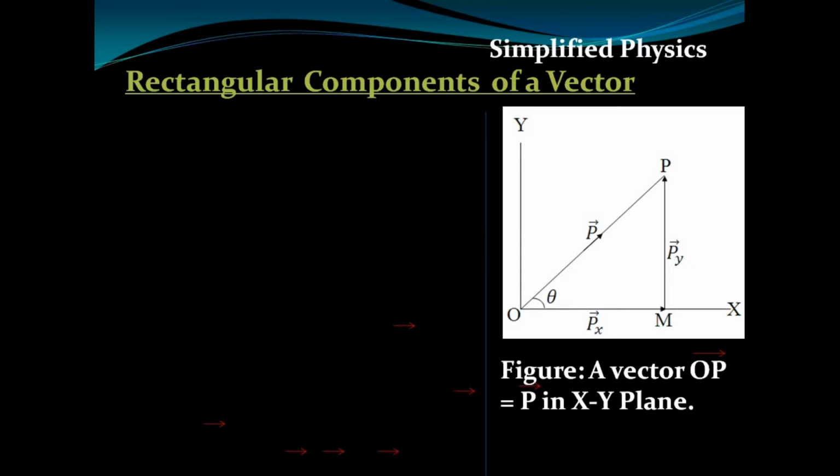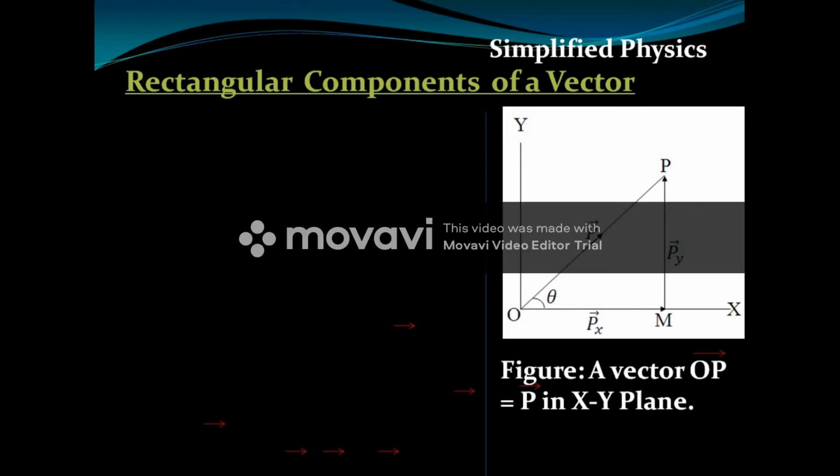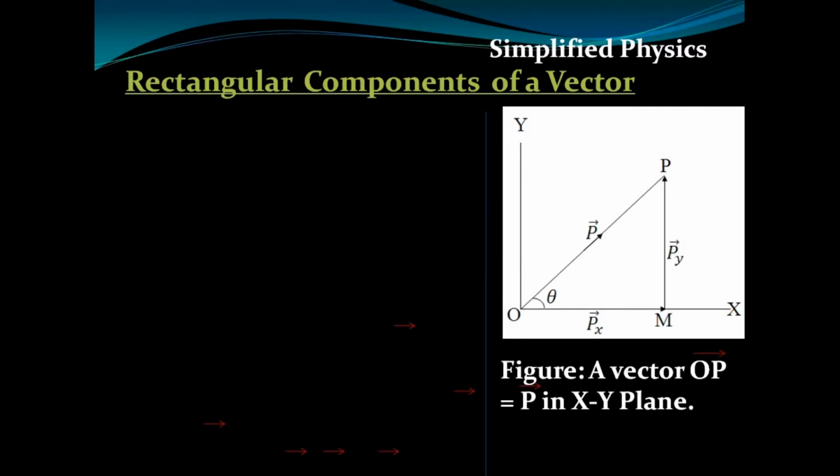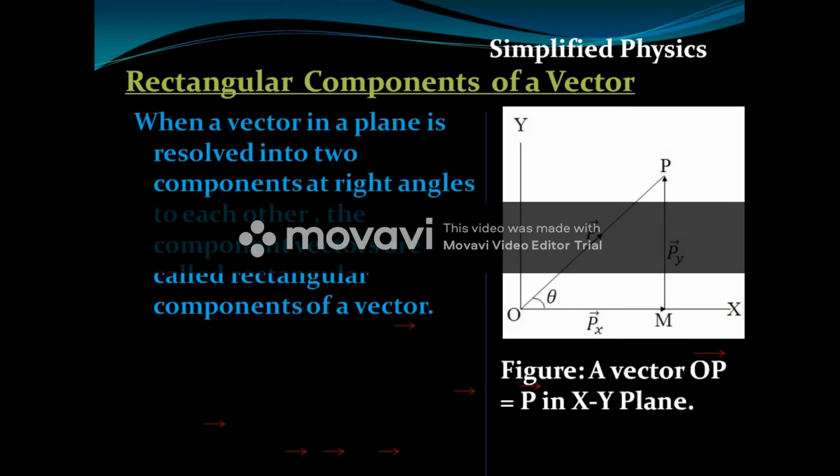Rectangular components of a vector. A vector can be split into two or more vectors. Here in the figure, a vector P can be resolved into the Px vector along the x-axis and Py along the y-axis. The process already mentioned is called resolution of a vector. Here we are finding the rectangular components.